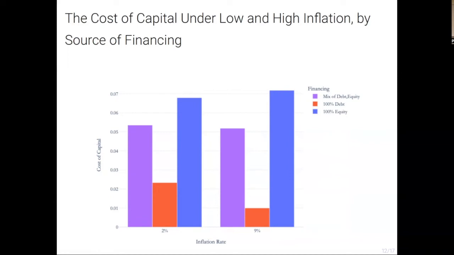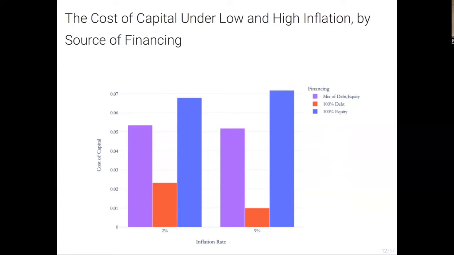This is coming because despite the lower net present value of depreciation deductions, the larger deductions for interest expenses with higher inflation rates offsets that and lowers the cost of capital. For equity finance investments, we aren't deducting those additional interest costs due to high inflation.